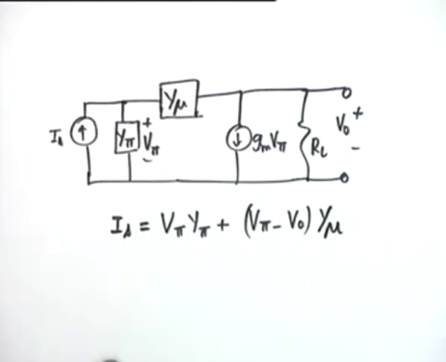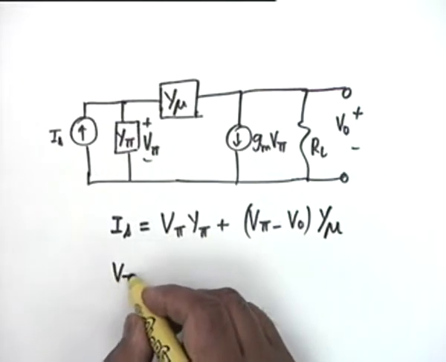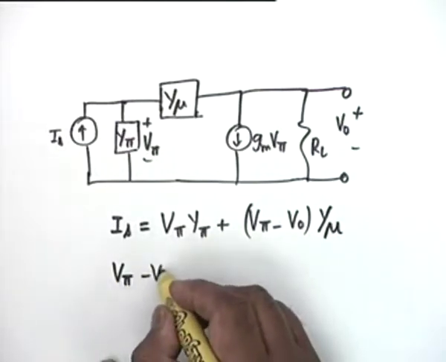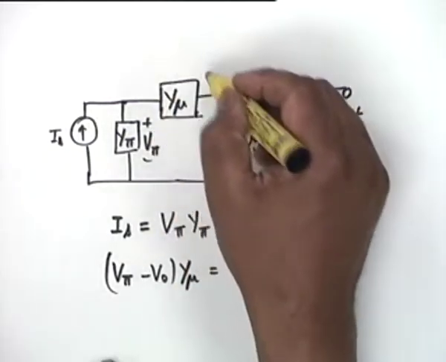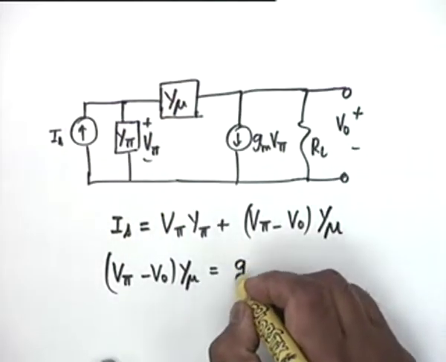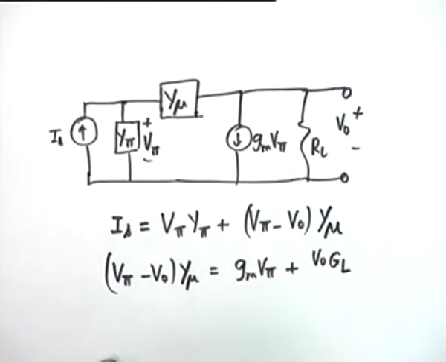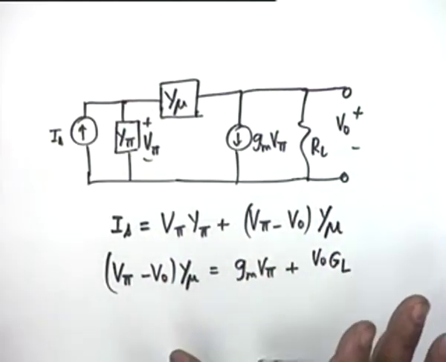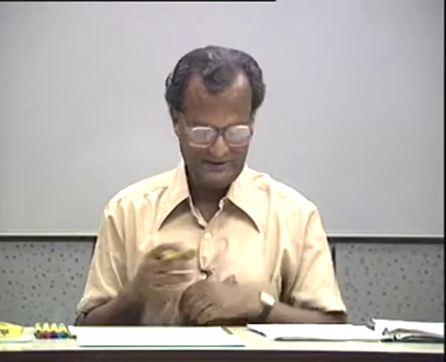Agreed? And the other node equation is that (V pi minus V0) Y mu would be equal to GM V pi plus V0 times GL. I am writing in terms of conductances and admittances because the equations remain neat.